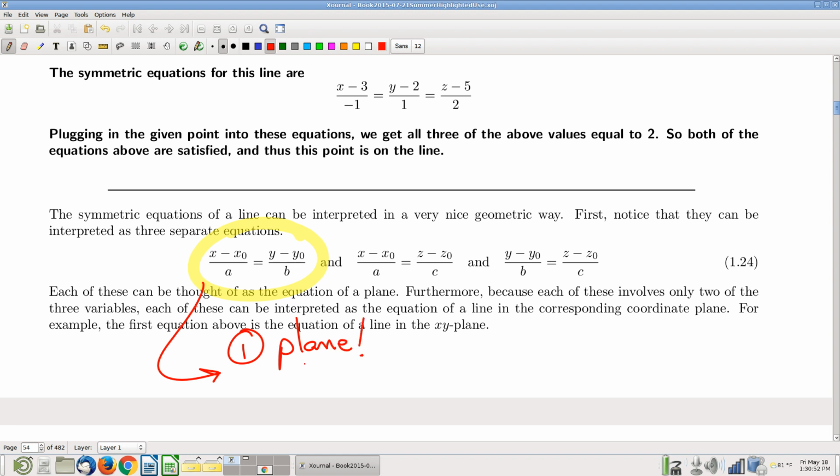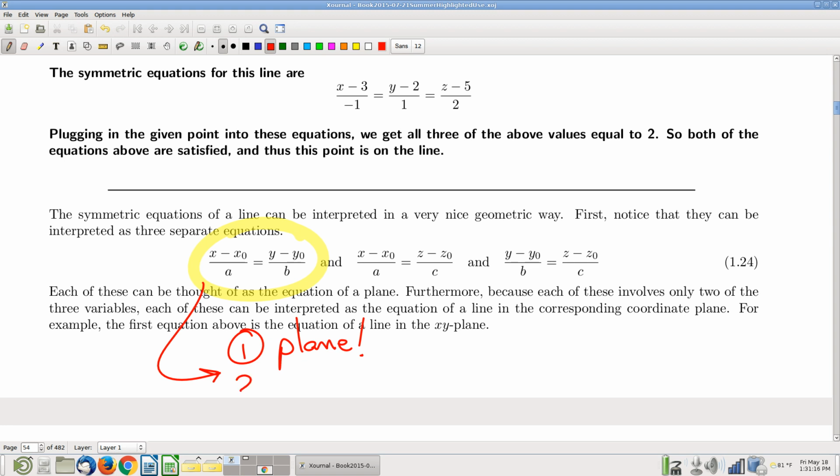I mean, it's not in the form that we normally write planes, but if I were to cross multiply and move things around, I would have something times x plus something times y plus, well, there aren't any z's, 0 times z. There'd be an x, a y, and this trivial z term equals some constant. Right? So this is a plane, however weirdly we've written it.